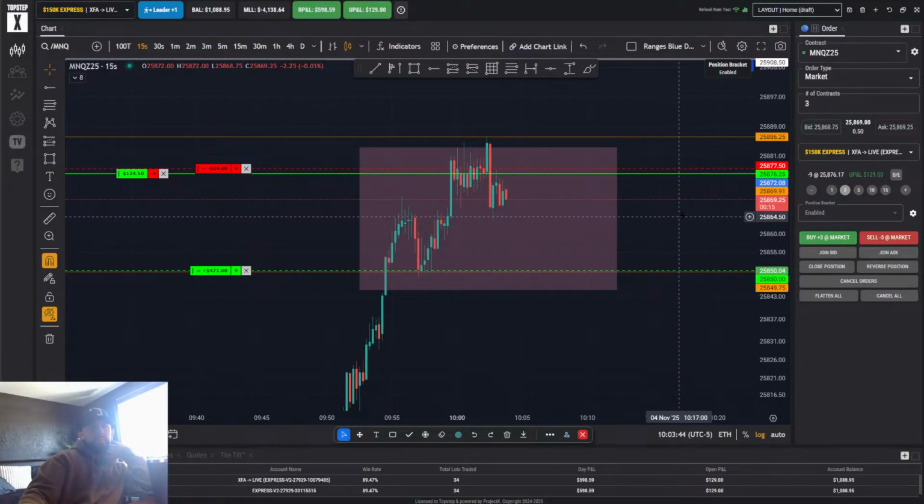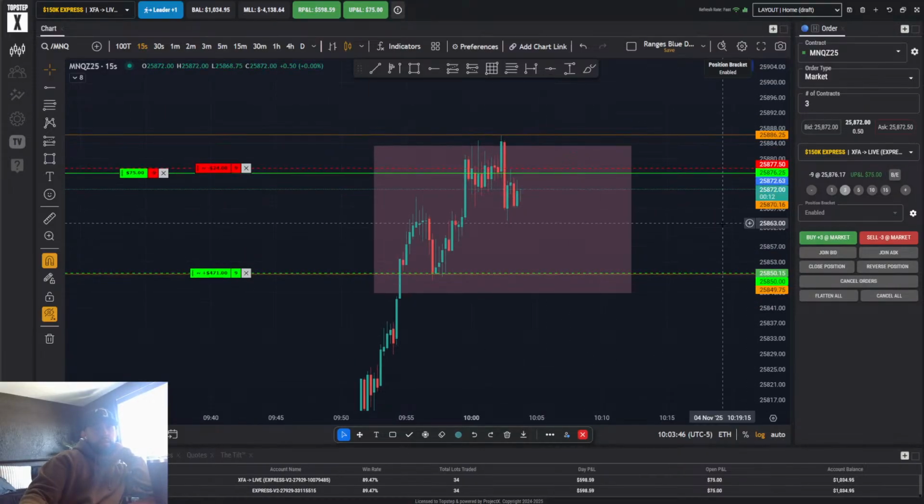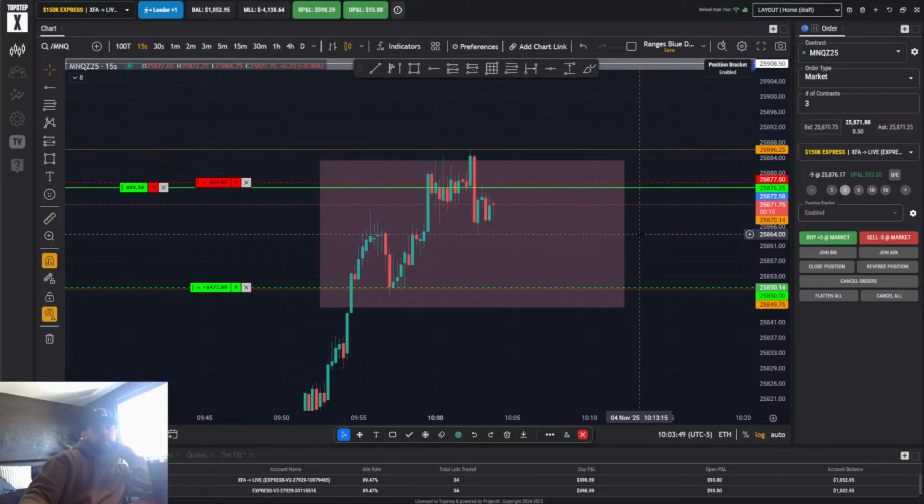If I get stopped out, that's $24 that I lose. It's nothing crazy, and I'm only sizing up because I have a buffer already on the day.